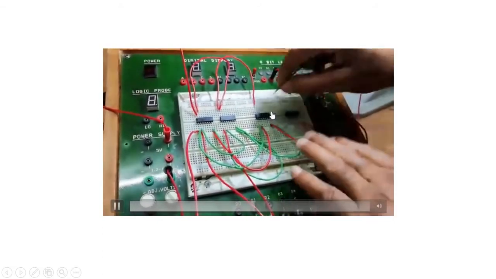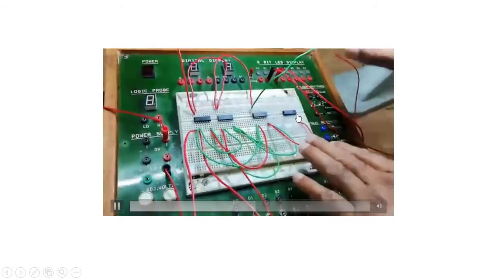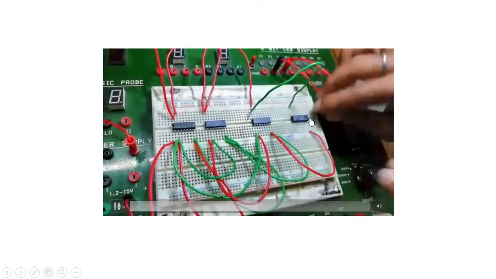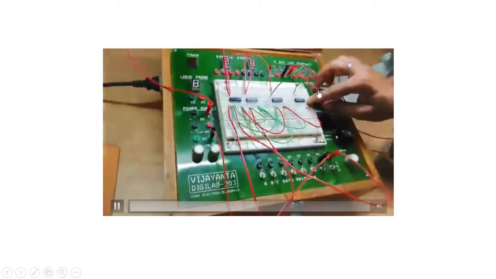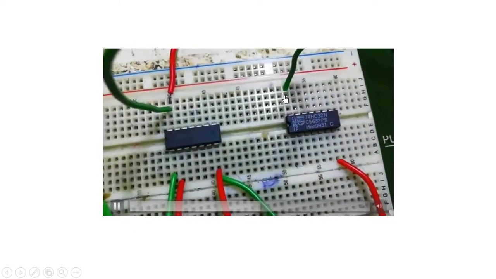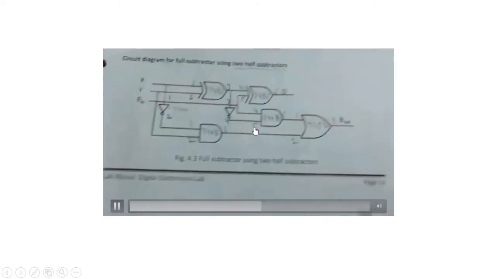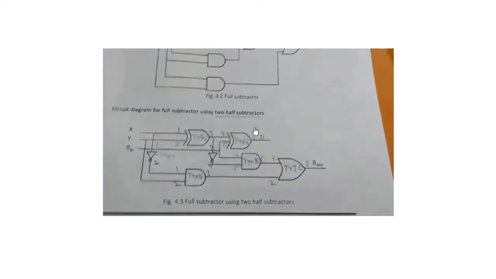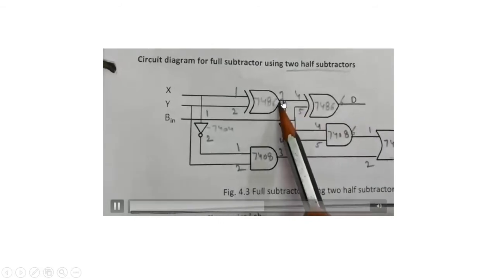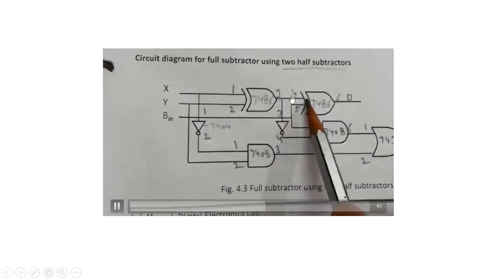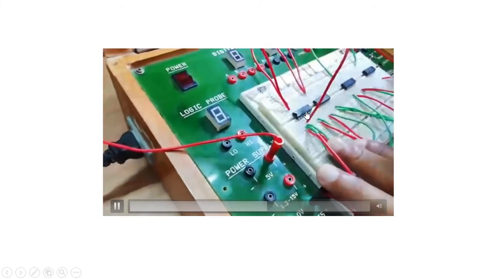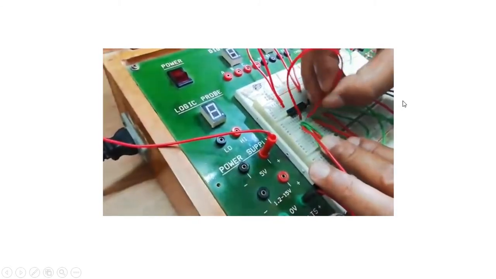We are connecting the seventh pin to ground on these ICs, the NOT and XOR, and the NOT and OR. The 14th pin is connected to VCC and the 7th pin to ground. Now this third output, which is A XOR B or X XOR Y, we are giving to the input of another XOR.